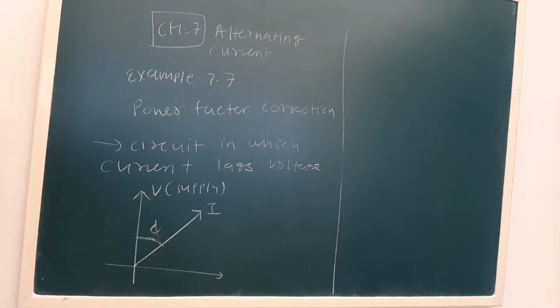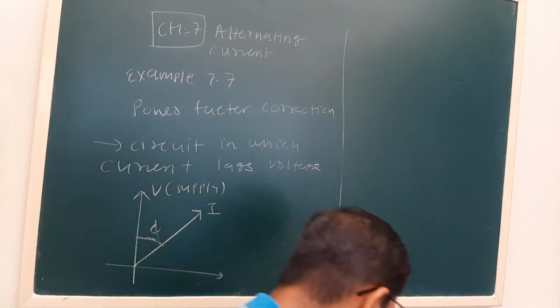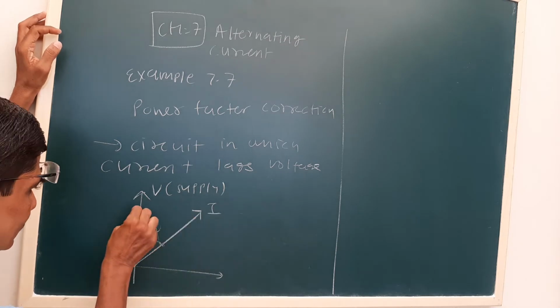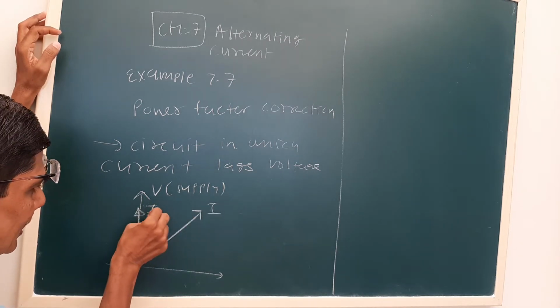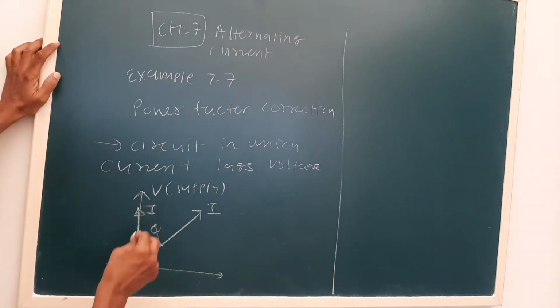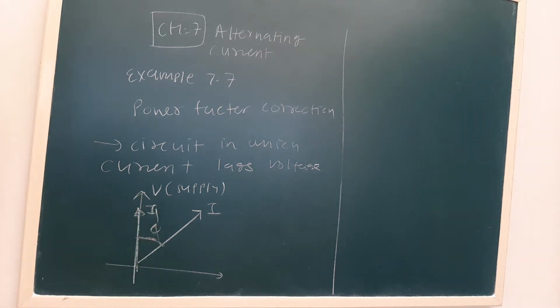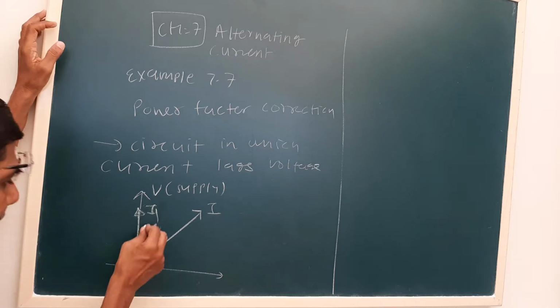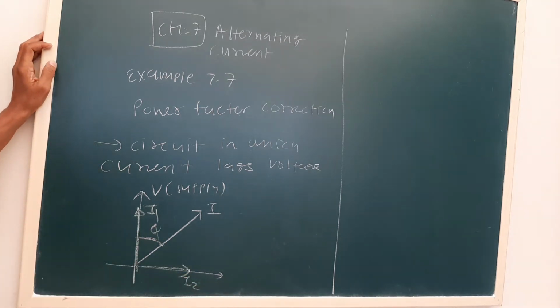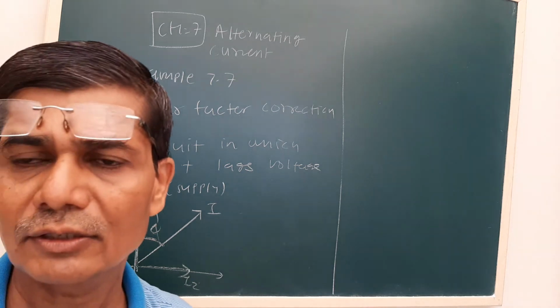See, by the definition of component of a vector, this current I can be divided into two components, let us say I1 and I2. I1 is in the direction of the supply voltage, and the other is I2. We have divided it into two rectangular components.